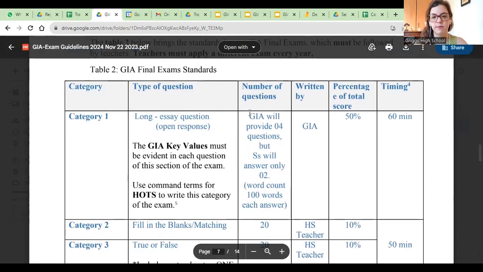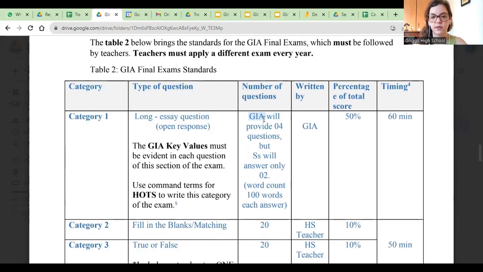For the final exam, it's Griggs. Griggs will write the questions, you will not, and they will send you 4 questions in advance, typically just a couple of days. The students will answer 2. They have the freedom to discard 2 questions, and they have to answer with 100 words each one.